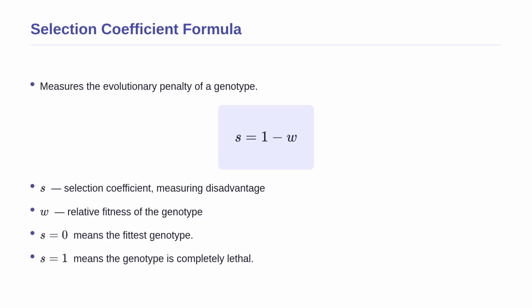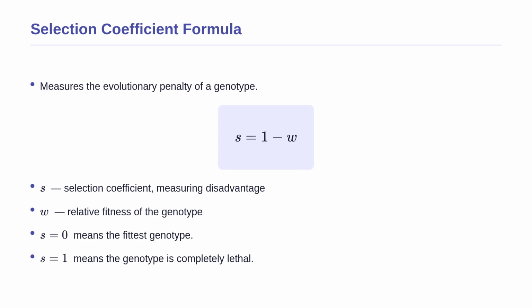This brings us to our final mathematical tool, the selection coefficient. Biologists use this to measure exactly how strongly a genotype is being selected against. The formula is simply S equals 1 minus w. Here, S represents the selection coefficient, which is the evolutionary penalty or disadvantage.